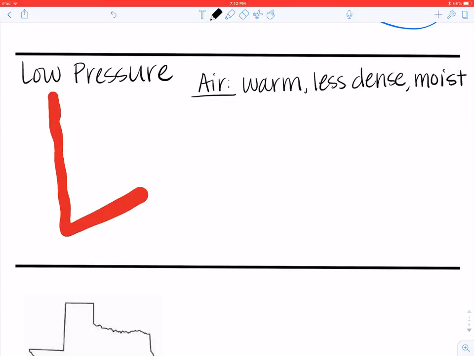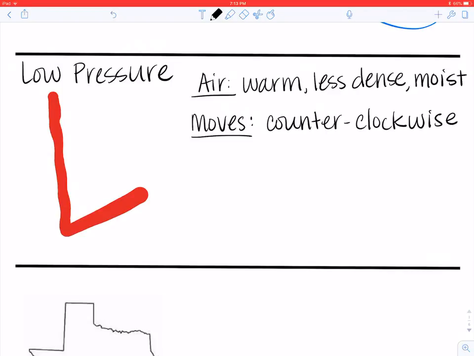Think about when you walk outside on a really humid day. The air feels very wet. Low pressure systems are going to move counterclockwise. So that would be like this.